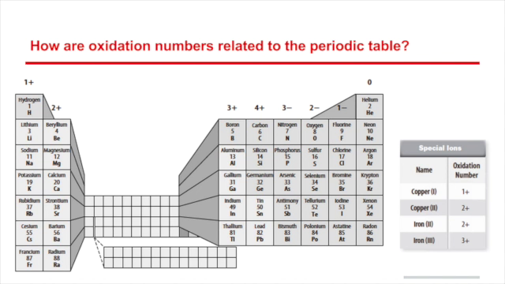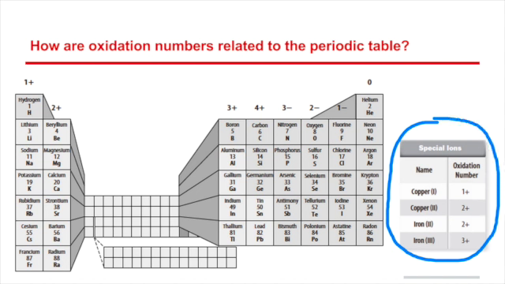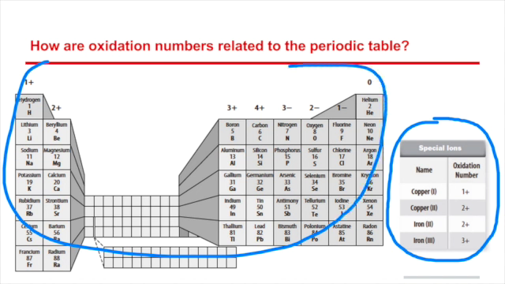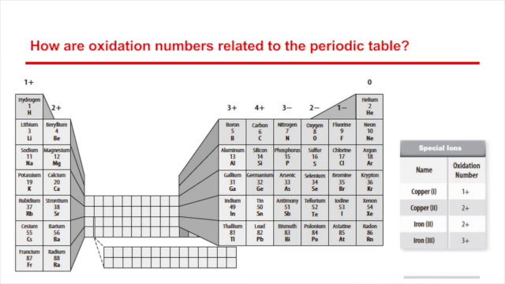Except there are some special ones: copper and iron that we are going to look at. All of these over here normally, or almost always, only have one oxidation number. These guys over here can have two different oxidation numbers, meaning copper can either be 1 plus or 2 plus.